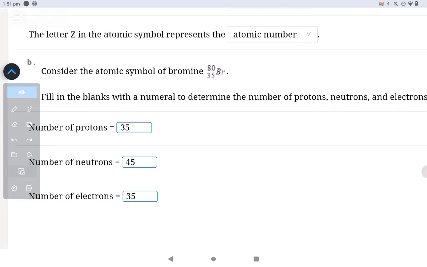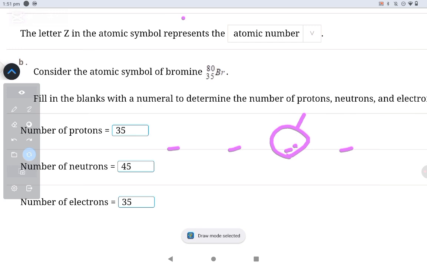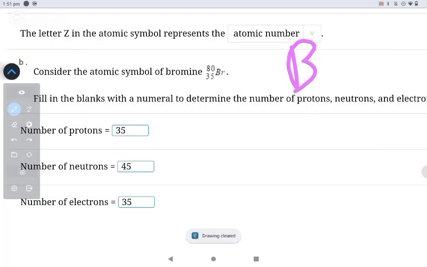Number of neutrons will be 80 minus 35 because mass number is protons and neutrons. And number of electrons, if it's just Br, then the number of protons and electrons will be the same. But if it's Br plus or Br minus, the number of electrons will change. But here it's just Br, so they stay the same.